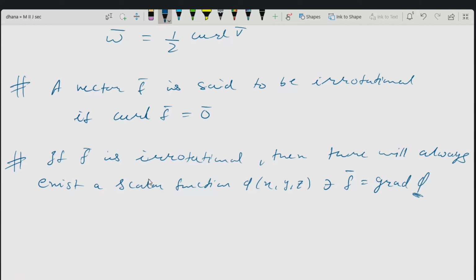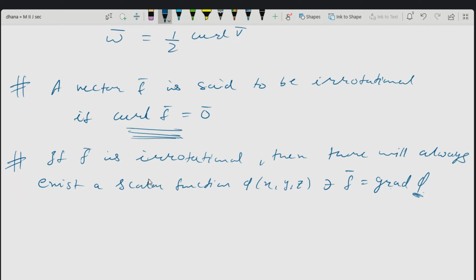But if f bar is irrotational, that means this condition is satisfied, then there always exists a scalar function such that f bar can be defined as gradient of phi. Phi is a scalar function; the gradient you calculate will be a vector, and that vector will always be irrotational. That is what is mentioned. Understood this?